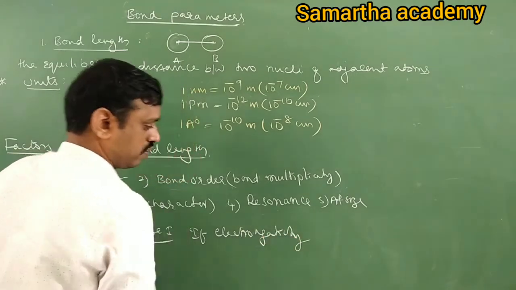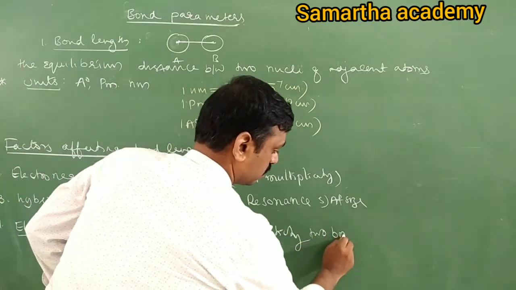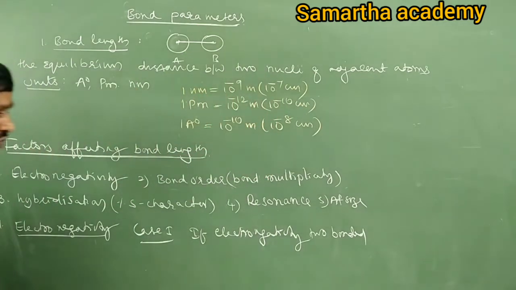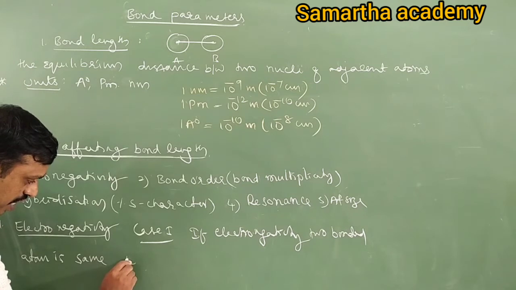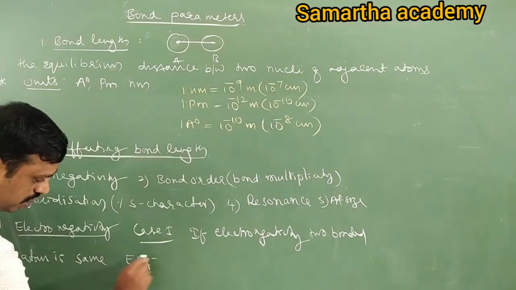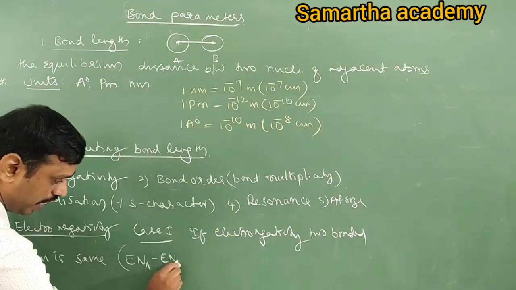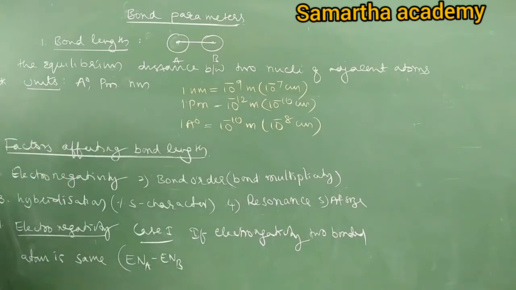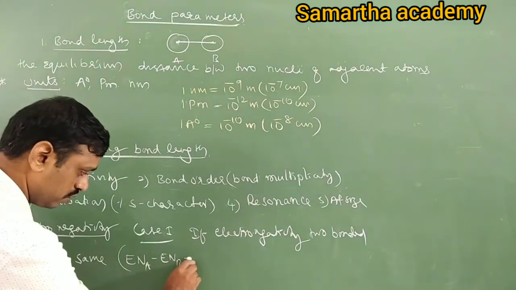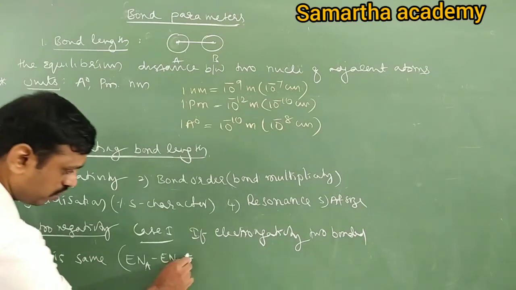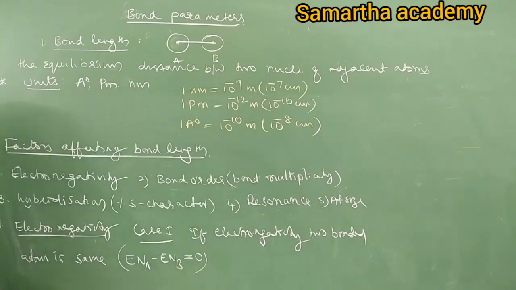What is the meaning of this? It is nothing but ENA minus ENB equal to 0, that is, the electronegativity of atom A minus that of atom B is 0. That means both atoms have the same electronegativity.